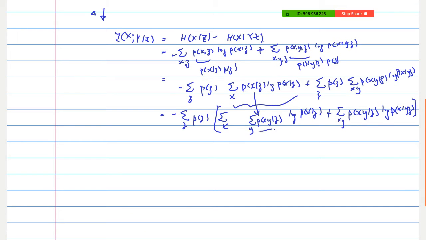Now you can see these two are the same, so again I can group together: sum over z of p(z), sum over x,y of p(x,y given z) log. I probably want to remove this minus sign, and then this will become p(x given y,z) over p(x given z).